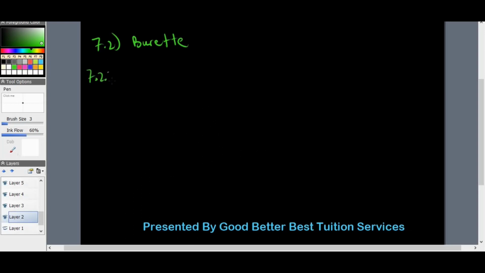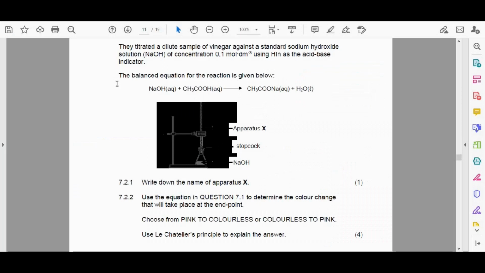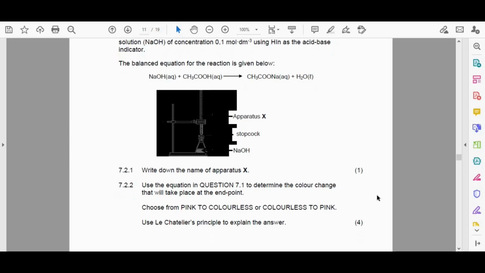That was 7.2.1. In 7.2.2: using the equation in 7.1, determine the color change that will take place at the end point. Choose from pink to colorless, or from colorless to pink, and use Le Chatelier's principle to explain your answer.